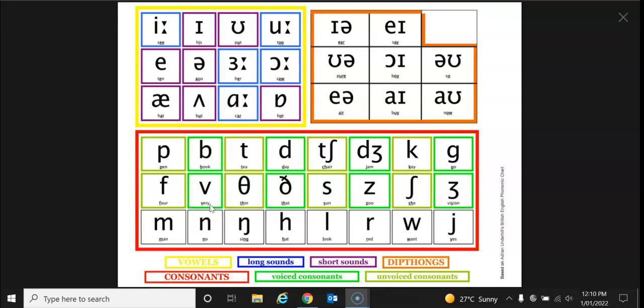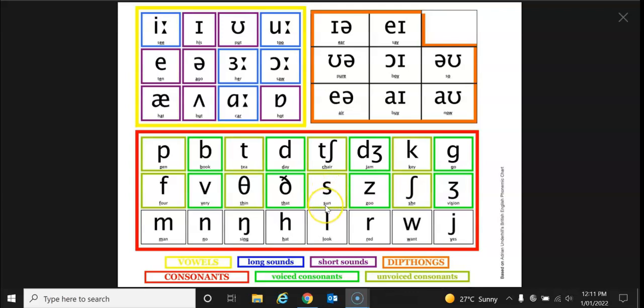The next pair, unvoiced, is th, th as in thin. If you add your voice, you have this one, th, th as in that.